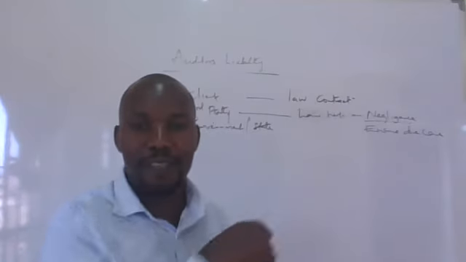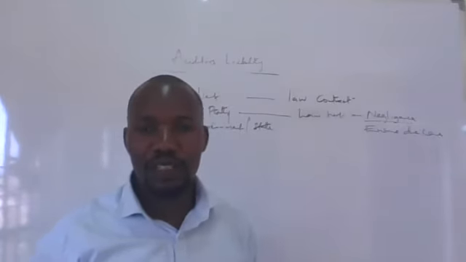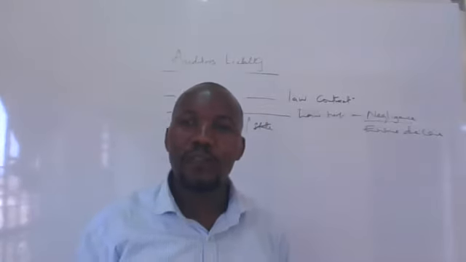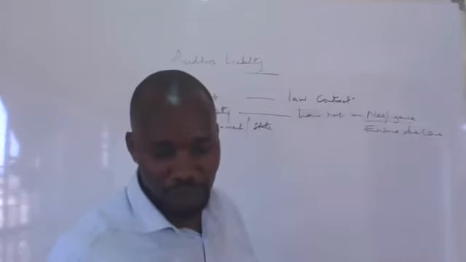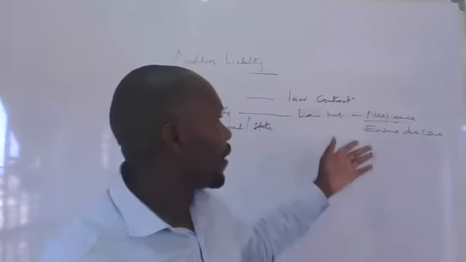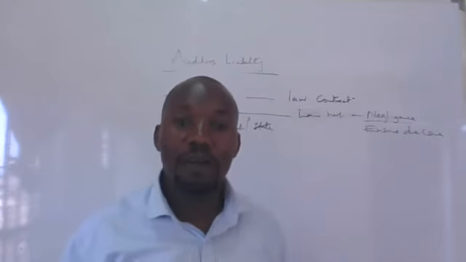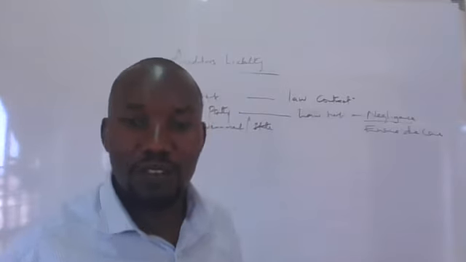So for this particular case to go through in court, that is what will come in exam. If they have to set something here, they can ask you, what are some of the things that must be present for this particular case to go through in court? So this one, number one, the third party that's trying to sue you must prove that these conditions were there.